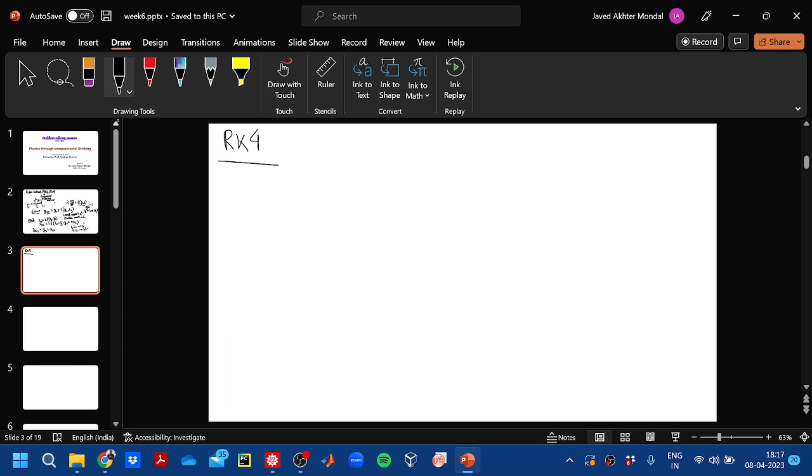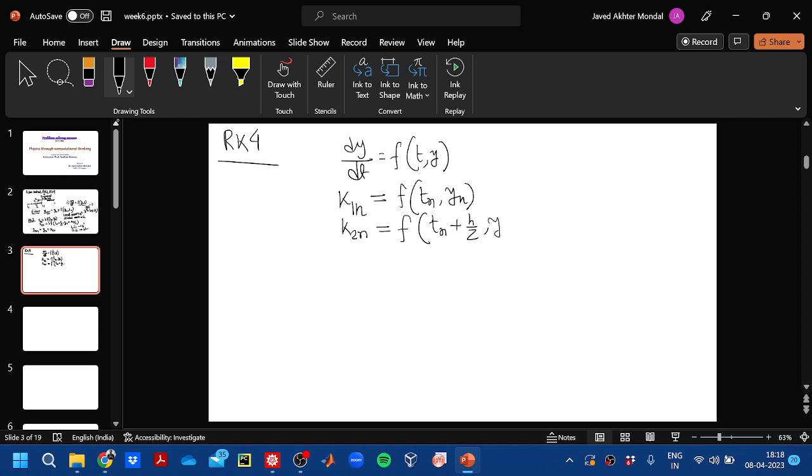In the case of RK4, this differential equation can be solved by the following update equations. Here we have four variables. The first one is k1n, evaluated at tn, yn. Then k2n, which is f at tn plus h by 2, yn plus h times k1n by 2.